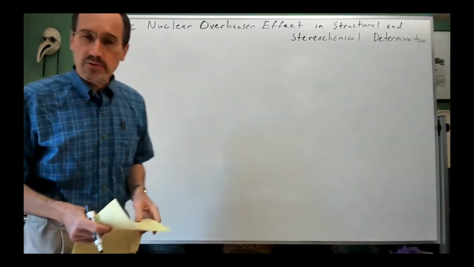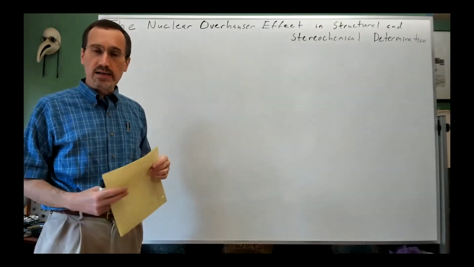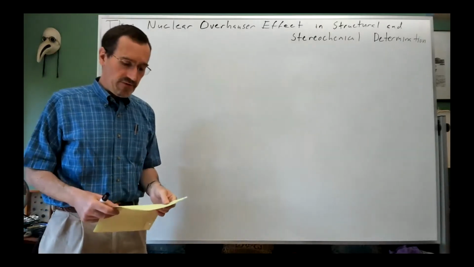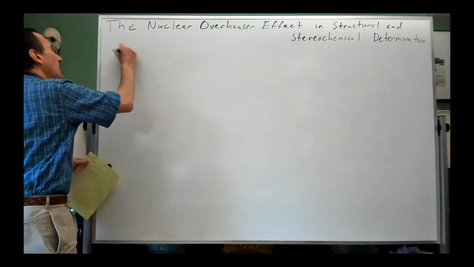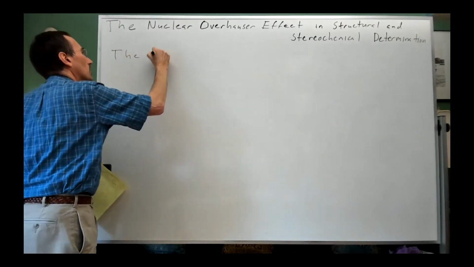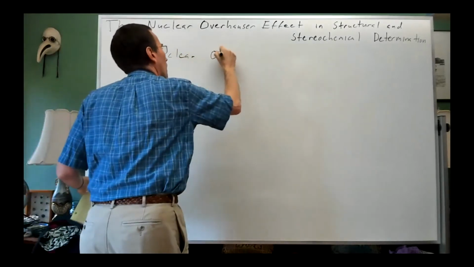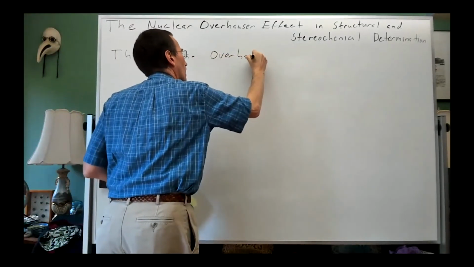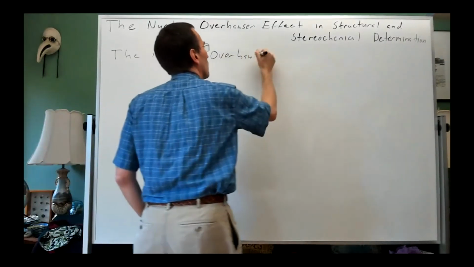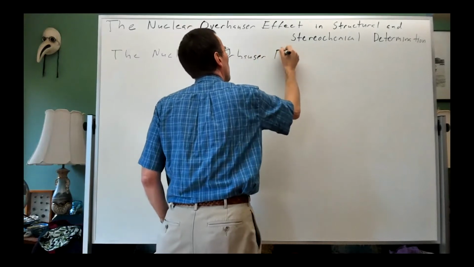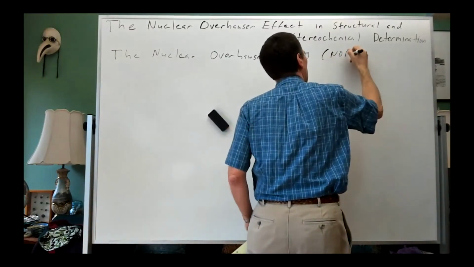Nuclear Overhauser effect. So coupling constants provided information through bonds. The nuclear Overhauser effect is a through space phenomenon. You'll hear it referred to as NOE.